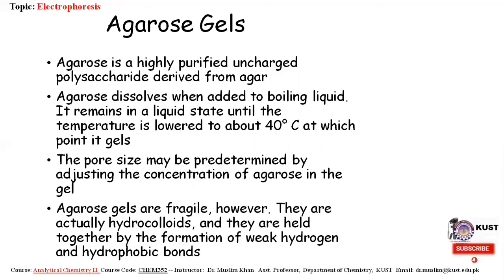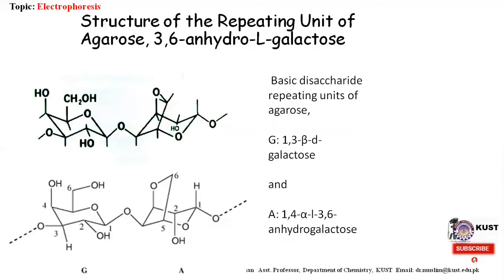The pore size may be predetermined by adjusting the concentration of agarose in the gel. Agarose gels are fragile; they are actually hydrocolloids, held together by the formation of weak hydrogen bonds or hydrophobic bonds.